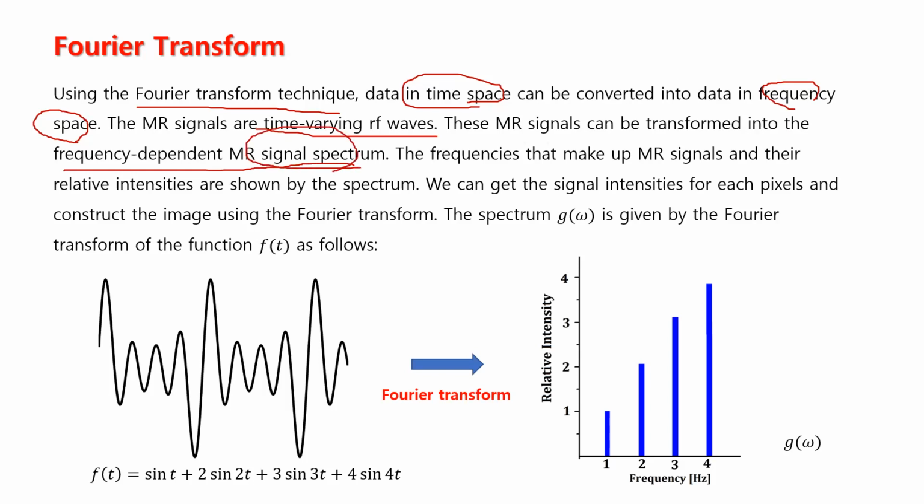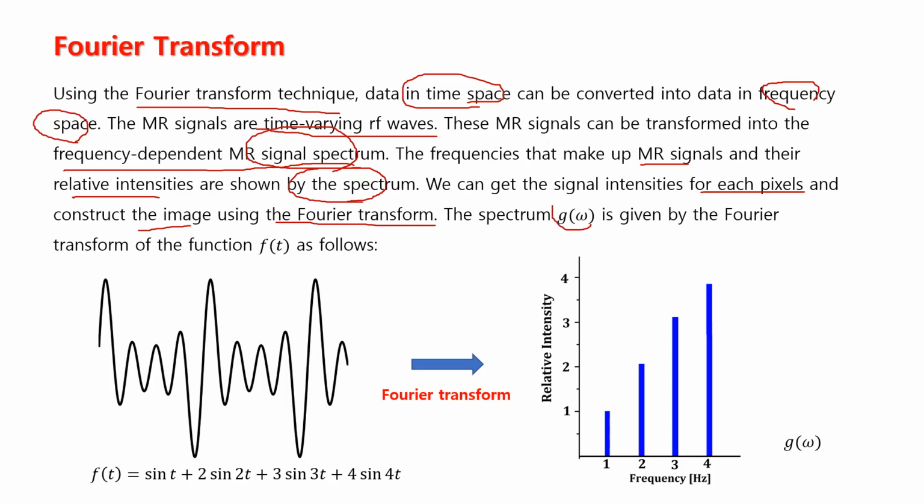The frequencies that make up MR signals and their relative intensities are shown by the spectrum. We can get the signal intensities for each pixel and construct the image using the Fourier transform.